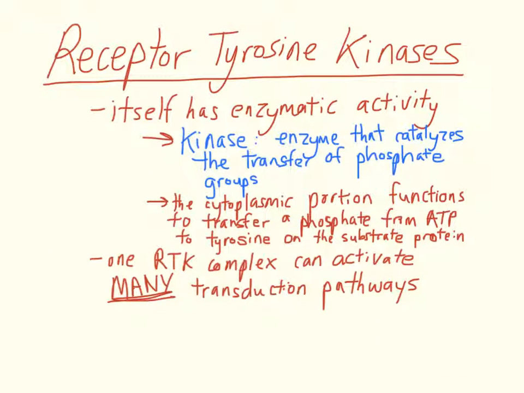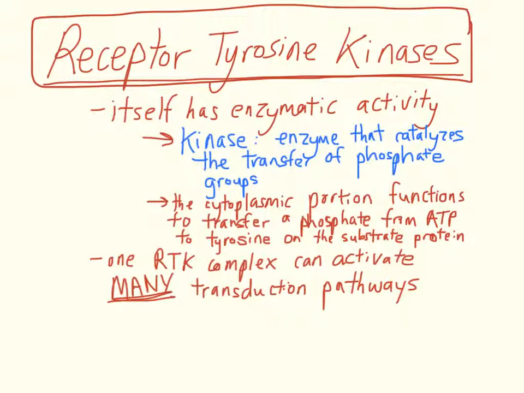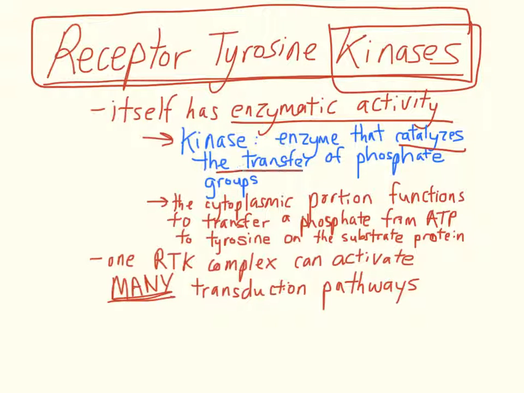Next, we'll be talking about receptor tyrosine kinases. These are the second main class of plasma membrane receptors that we will be covering. Now, they're quite different from G protein-coupled receptors. They themselves have enzymatic activity. They're kinases, and what kinases do is catalyze the transfer of phosphate groups.